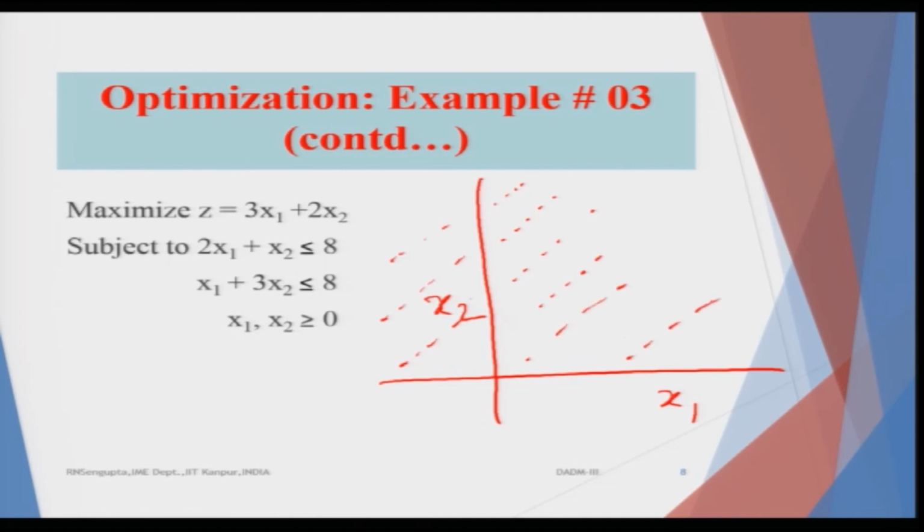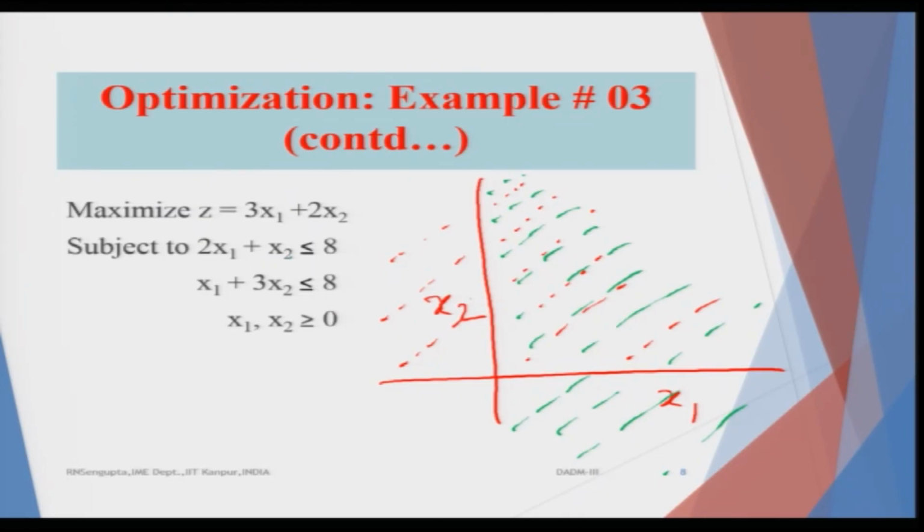When I consider x2 greater than 0, let me use a different color. So, first and second quadrant for x1 and first and fourth quadrant for x2. So, now the common area between them is only the first quadrant.